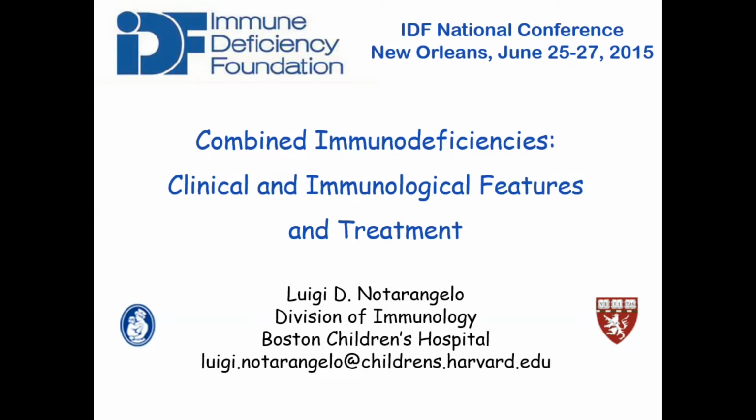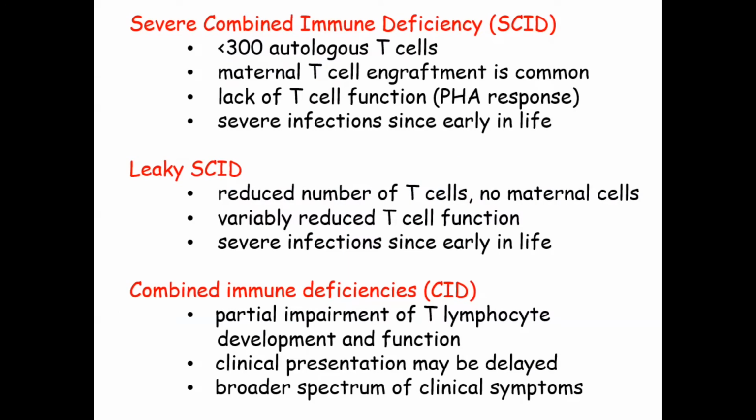I'm going to talk about another group of disorders which are called combined, without the severe, immunodeficiencies, and try to highlight what are the clinical and immunological features that distinguish these disorders from typical SCID, in particular, to some extent also from leaky SCID, and, more importantly, what are the differences in treatment, in particular with regard to transplant, that you need to consider when you deal with infants or babies or children who have combined immunodeficiencies.